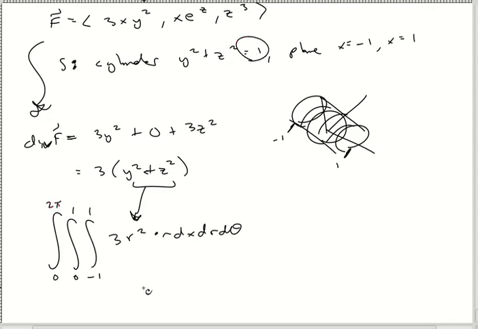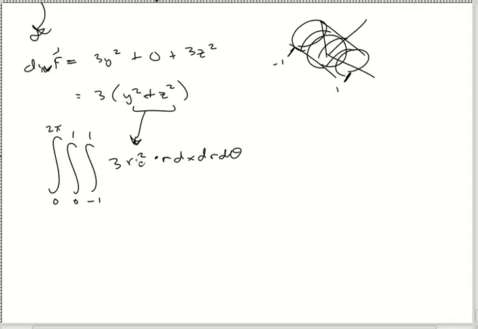There we go. Notice that we have r cubed. There's no x's, so I guess you could just toss an x in there, -1 to 1. Actually, I believe it's going to make a 2, so like 3/2, essentially. Let's not be hasty, because I don't want to mess this up.